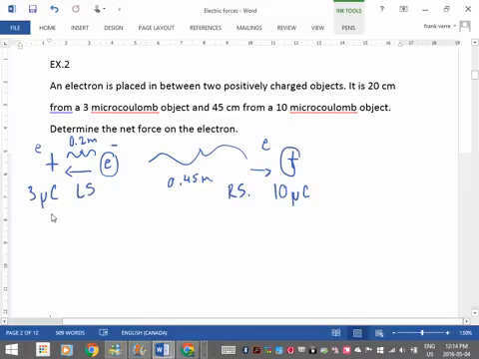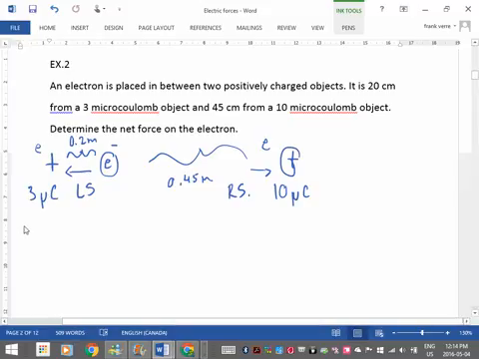It would point to the right on this side, because this electron is not going to be attracted to another electron. It's going to be repelled by it. So you've got to know which way the force vector is pointing. You have to know that. In this case, it's pointing towards the positive object.